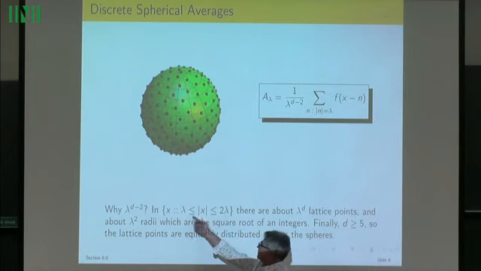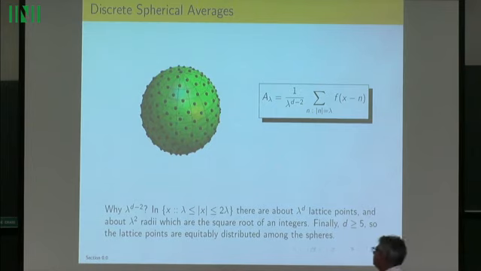If you take this annulus, think of lambda as 100 or 1,000, it's manifest that there are about lambda to the d lattice points inside that annulus. Now the next thing you have to ask is how many integer sphere radii are there? And there are lambda squared radii. There are lambda squared numbers whose squares are integers.